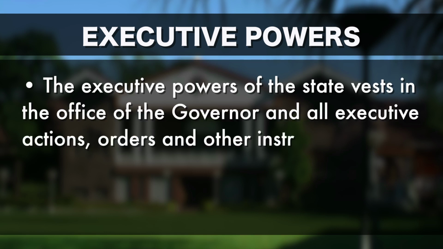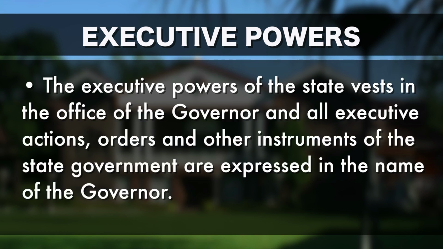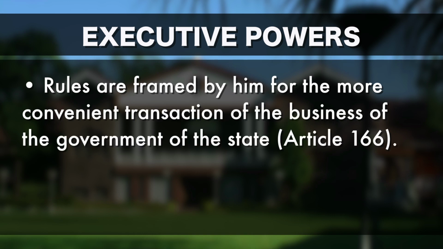All executive actions, orders, and other instruments of the state governments are expressed in the name of the governor, and rules are framed by him for the more convenient transaction of the business of the state government. This provision has been made in Article 166. So, let us discuss one by one the executive powers of the governor.